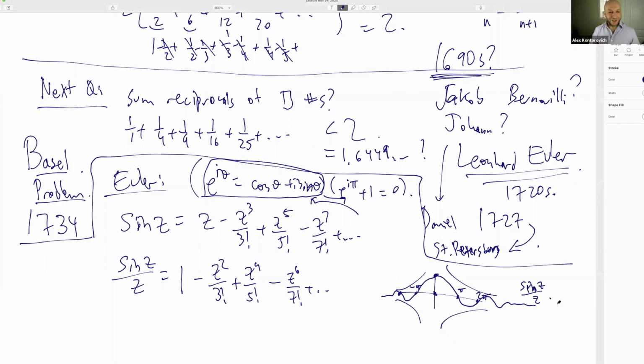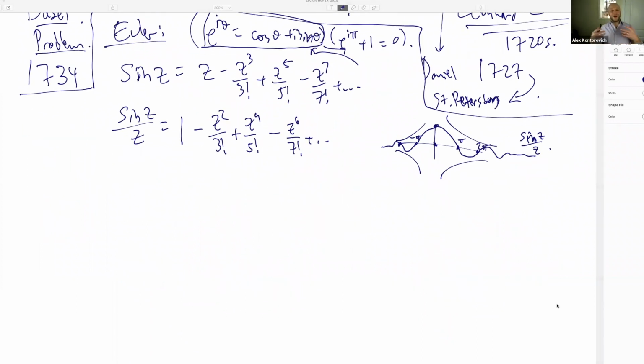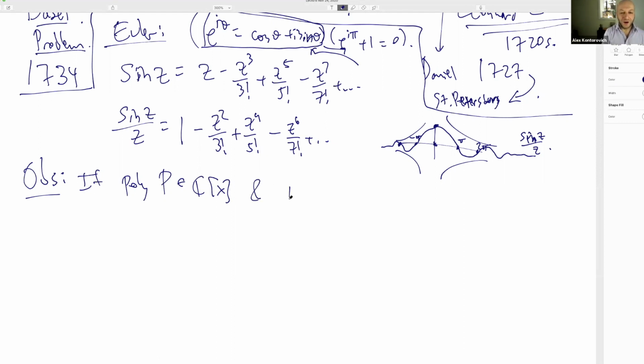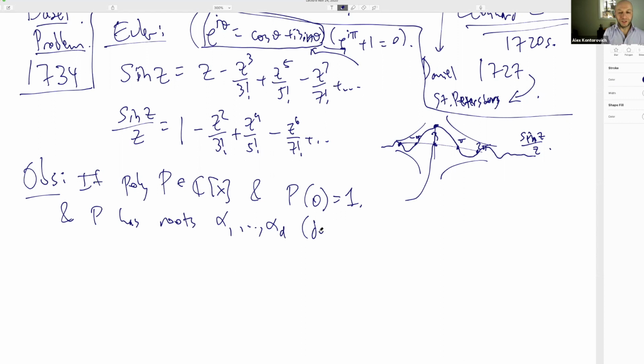Now, here's where the leap of imagination, the leap of faith comes. Here's his observation. If I have a polynomial p, and again, he wasn't thinking about it in these terms, and I know that the value at 0 of this polynomial is 1, so p at 0 is 1, and p has roots alpha 1 through alpha d, so it's degree d.